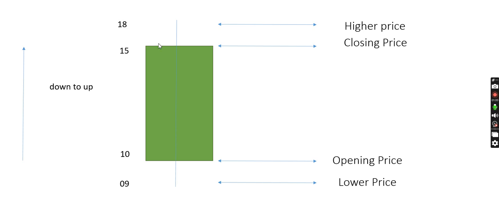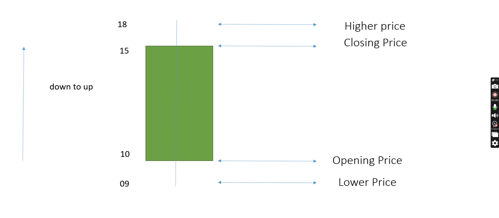It gives a closing at 15 in a particular time frame, and the lowest part that the candle could go is shown as well. In the green candle it goes in an upward movement and gives a closing at a higher price, a price above the opening price. The price which is above the opening price is a green candle.